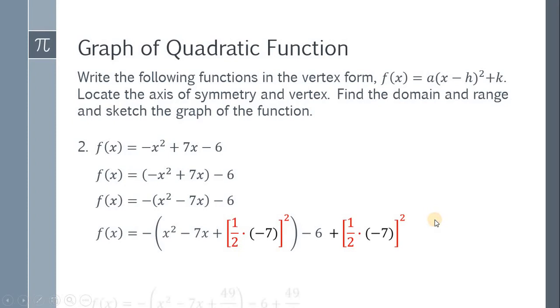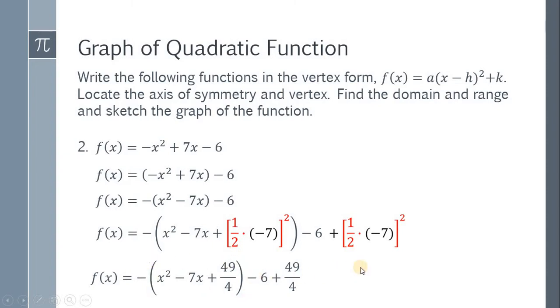Next, simplify na natin. We have f of x equals to negative of x squared minus 7x plus 1/2 times negative 7 is negative 7 over 2. Squared natin is 49 over 4. So, minus 6 plus 49 over 4. Simplify pa natin.